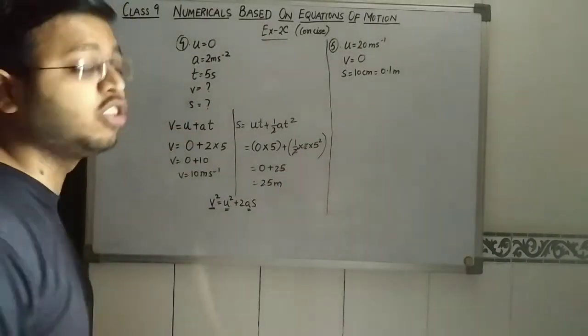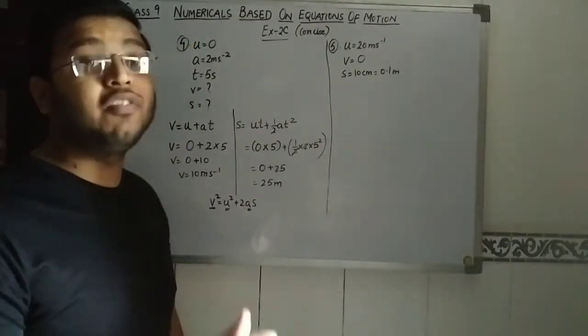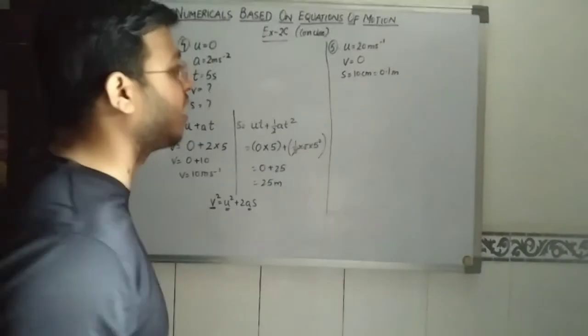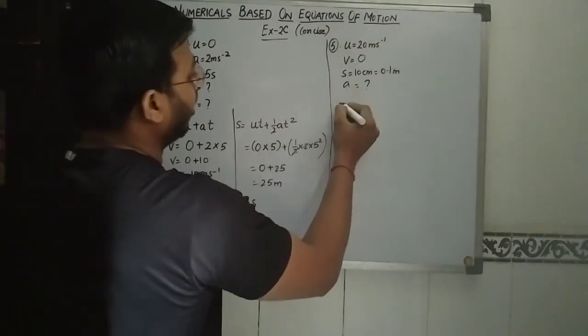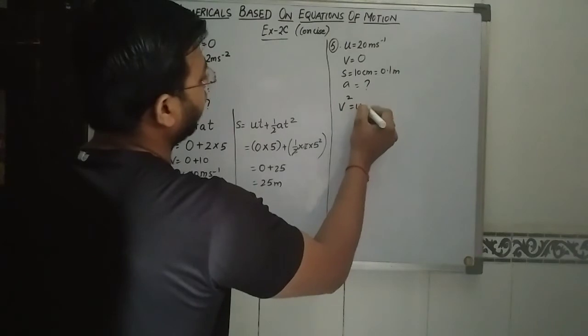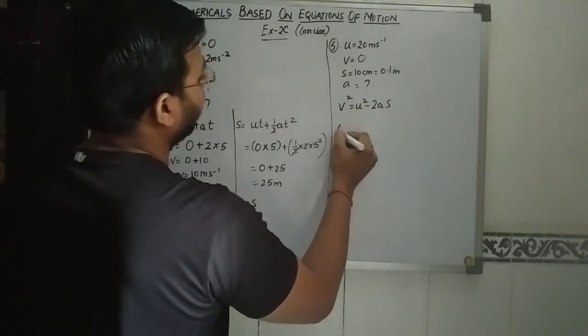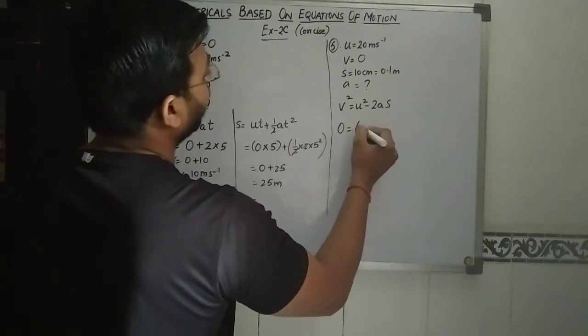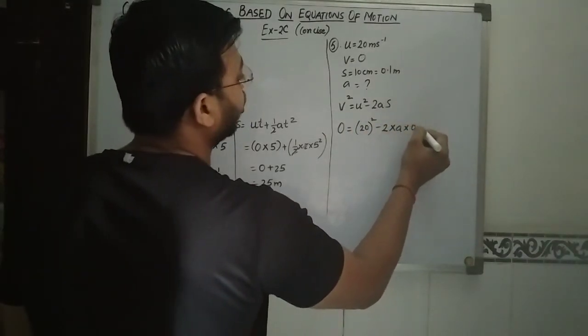Calculate the retardation caused. So retardation we have to talk about. That is why we have to use the equations for retardation. So which equation can we use? The third one. V square is equal to U square minus 2AS. The value of V is 0. The value of U is 20, minus 2 into A into 0.1.